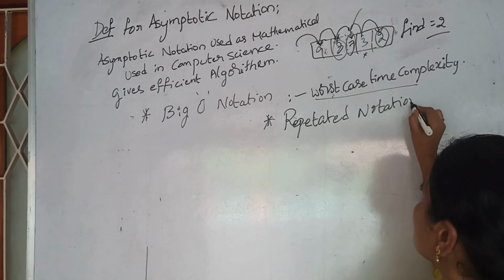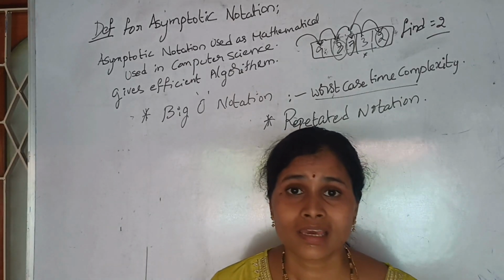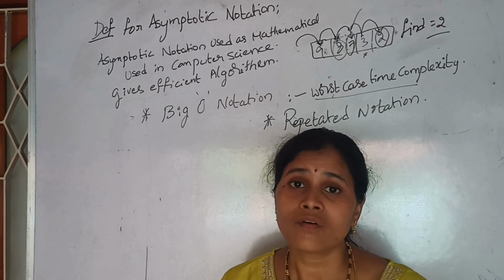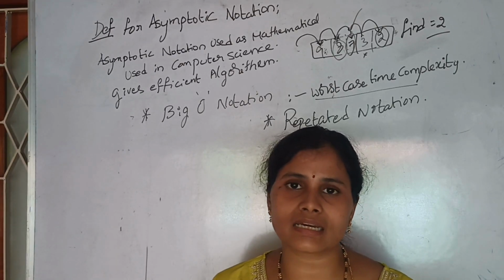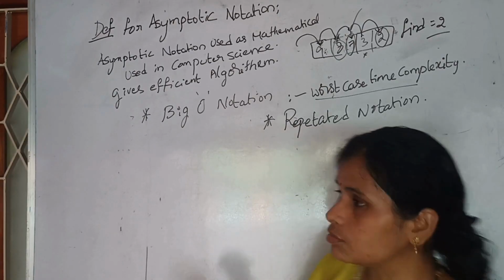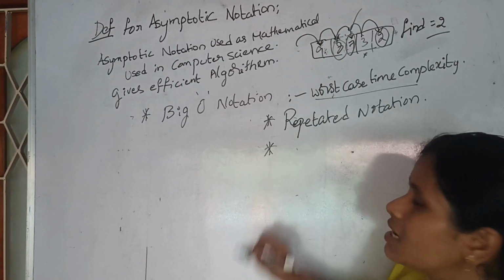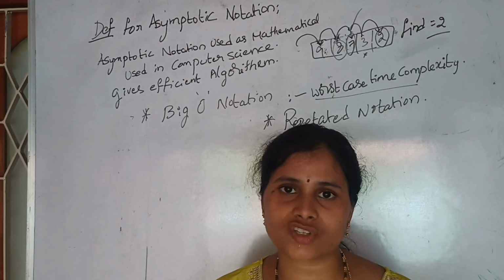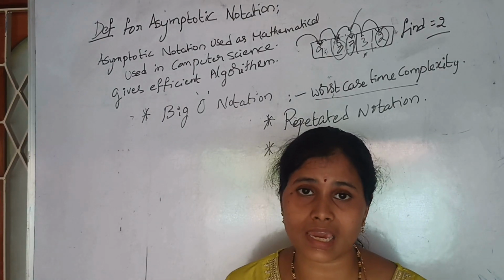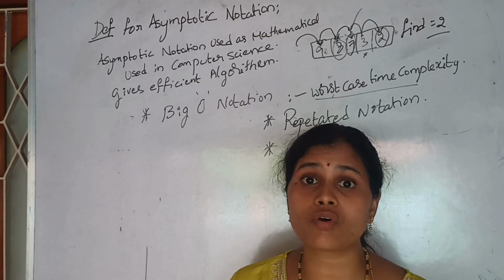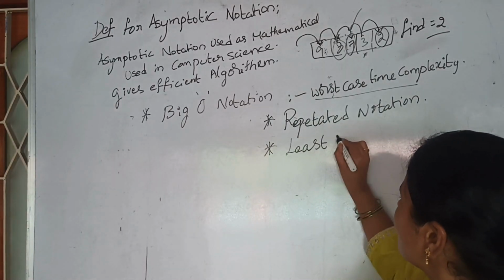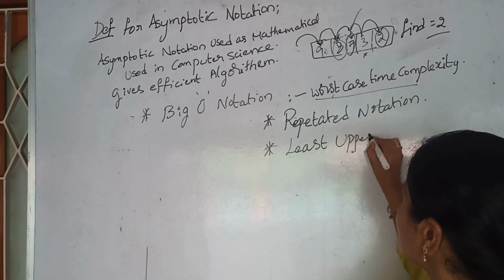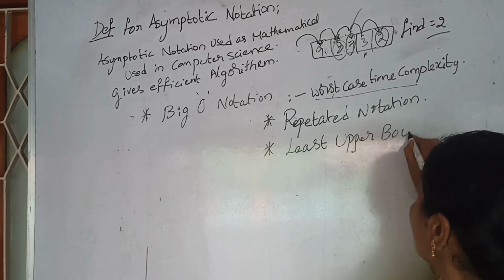Everyone is using this notation. Here in big O notation we need to represent one value. That is the least upper bound value.